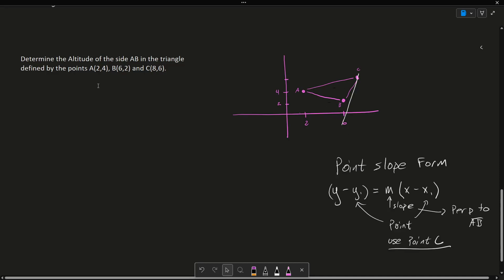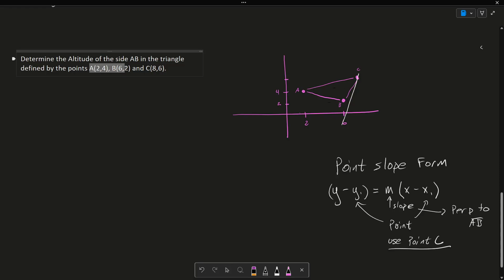How do we find the slope that's perpendicular to AB? Well, I first have to find the slope of AB, the line segment.